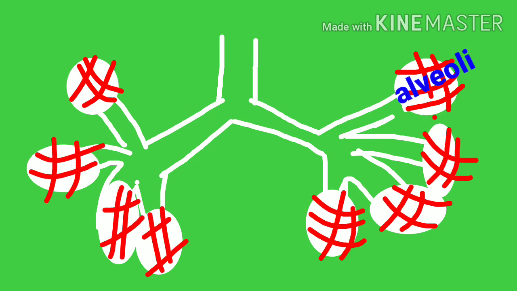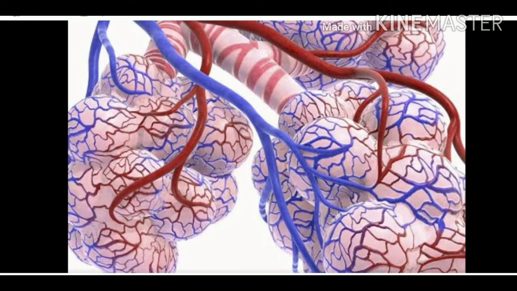And at the end of each bronchiole there is a sac-like structure known as alveoli, which is surrounded by blood capillaries and richly supplied by blood vessels. Here you can see exactly how it looks. This is the air sac at the end of each bronchiole, and you can see all these air sacs are richly supplied by blood vessels.